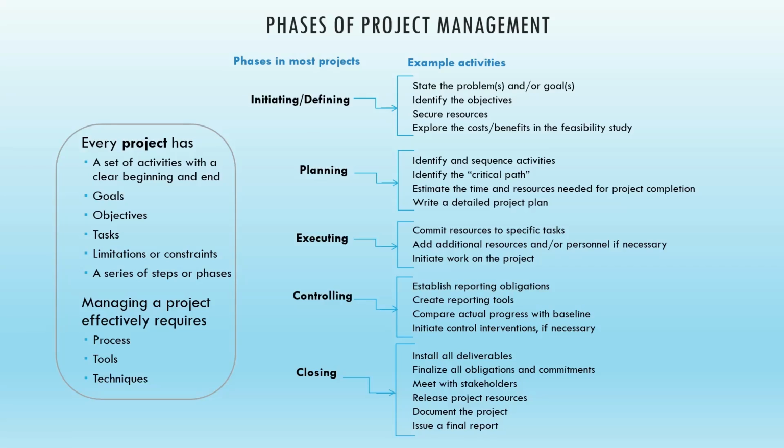All these factors are involved here. The first phase of project management is initiating and defining the activities. It is quite similar to the systems investigation phase in the SDLC.